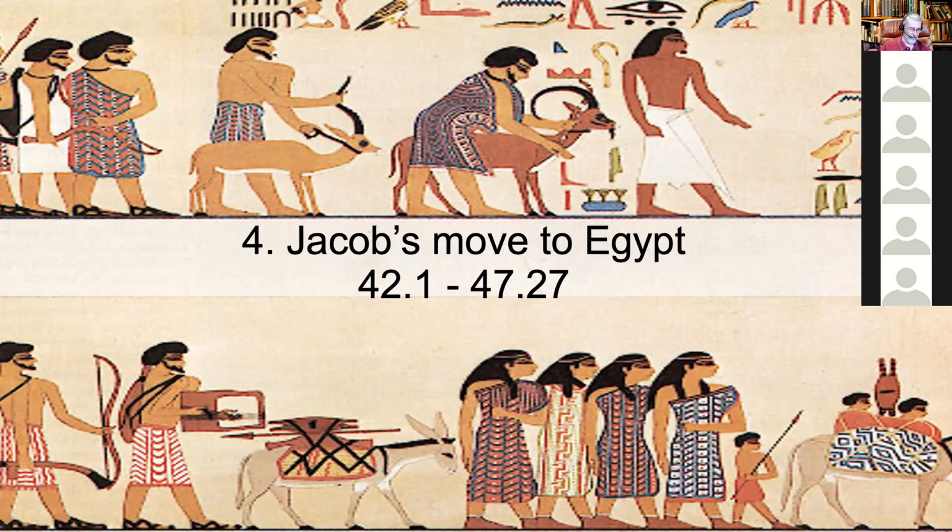And so Joseph said to his brothers, "Come near me, please." They came near. He said, "I am your brother Joseph, whom you sold into Egypt. And now do not be dismayed or angry because you sold me here, for God sent me before you to preserve life." There's a very important principle going on here.